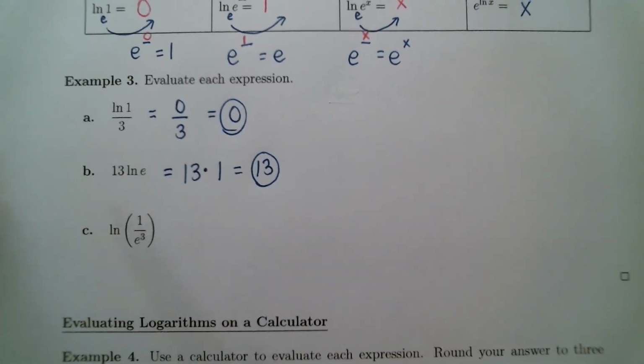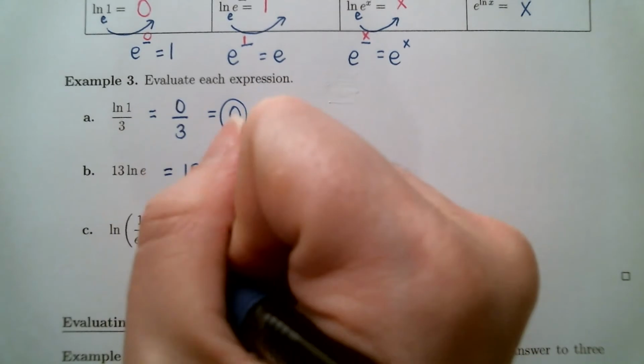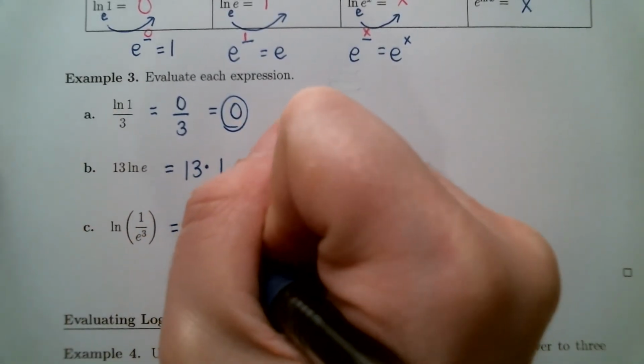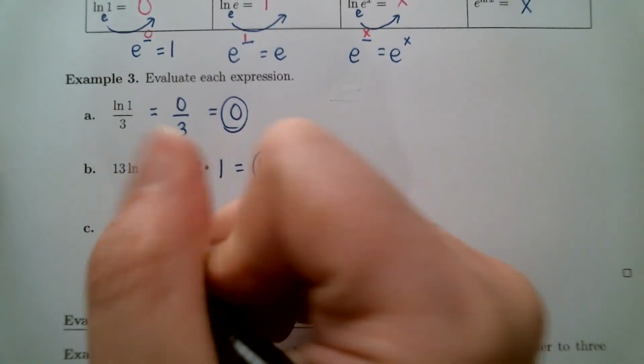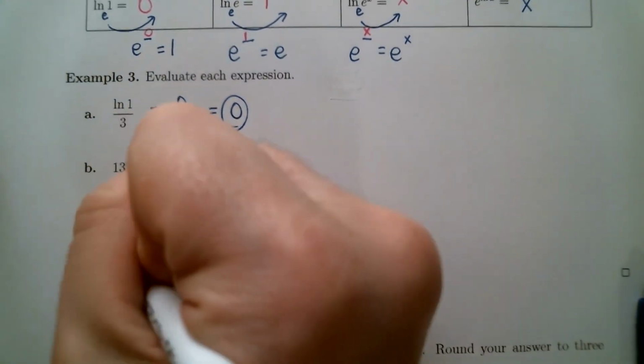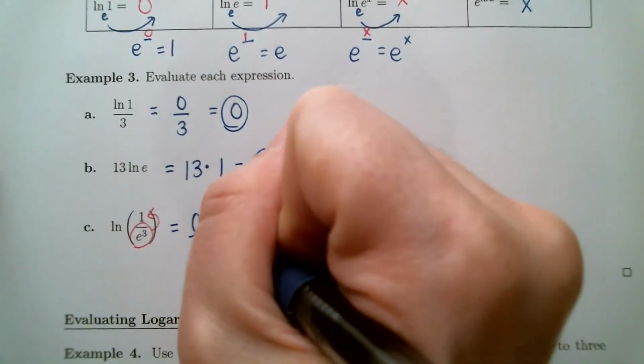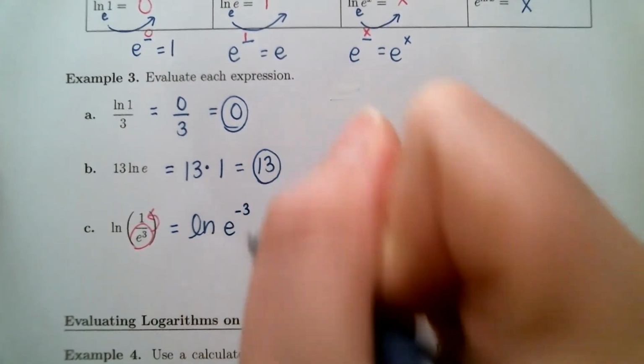It would be great if the ln and the e were side by side so they would cancel out. That's not exactly what we have here, but what we can do is rewrite this to be the natural log of, we can move this up, and make it e to the negative 3.